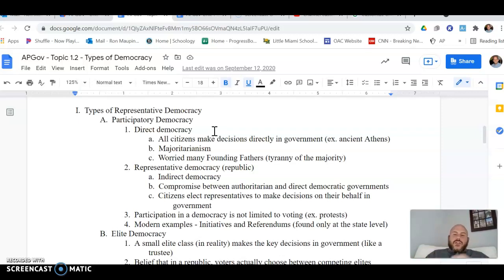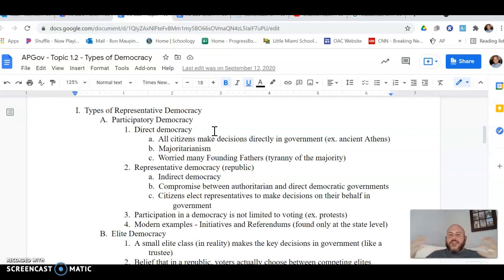So, for example, a referendum allows the people via a ballot to make decisions on policy. So, for example, here in Ohio, we have legalized casino gambling via referendum. It's not that the Ohio General Assembly or the Ohio legislature voted that into creation.